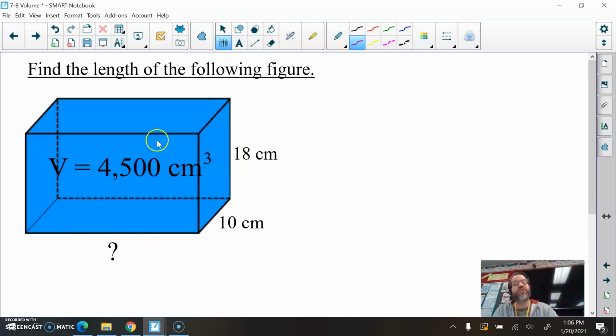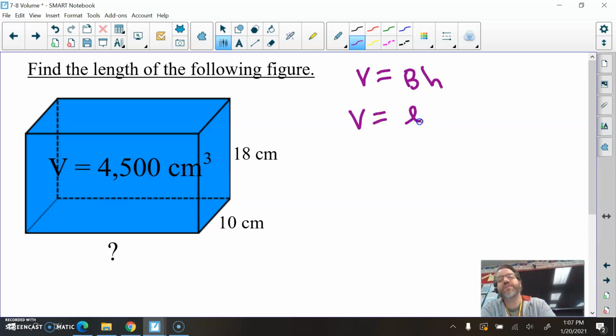We also have the volume right here, 4,500 cubic centimeters. Let's find the length. So volume equals area of the base times the height. Now in this case, since the base is a rectangle, we can find its area by taking length times width. And then multiply that by the height.